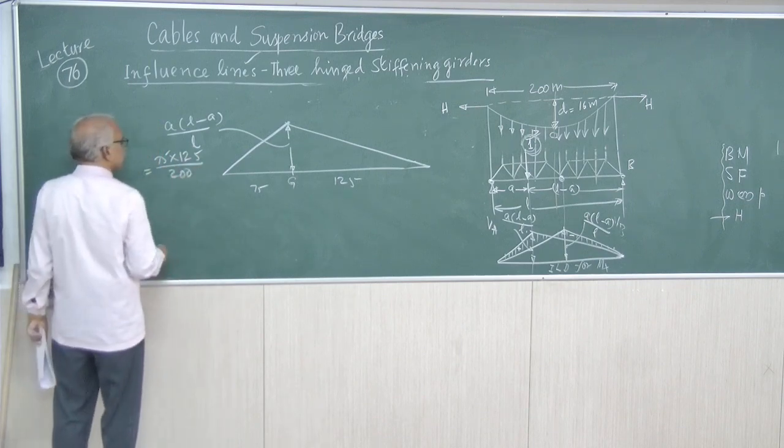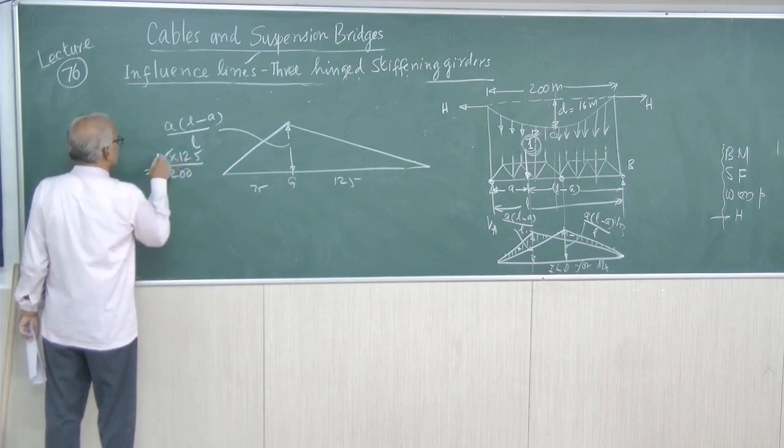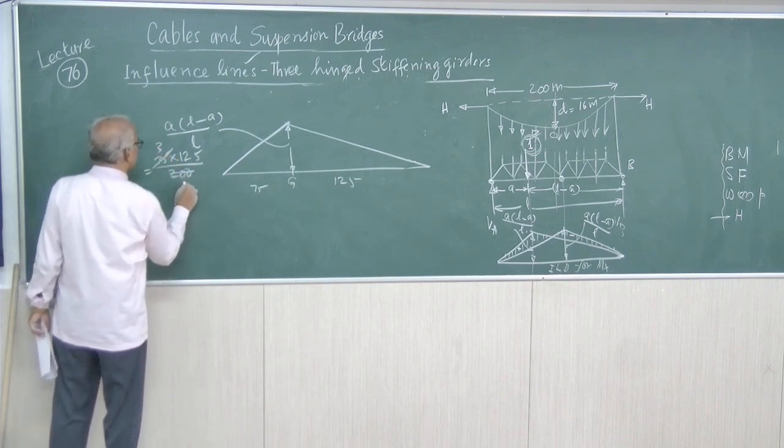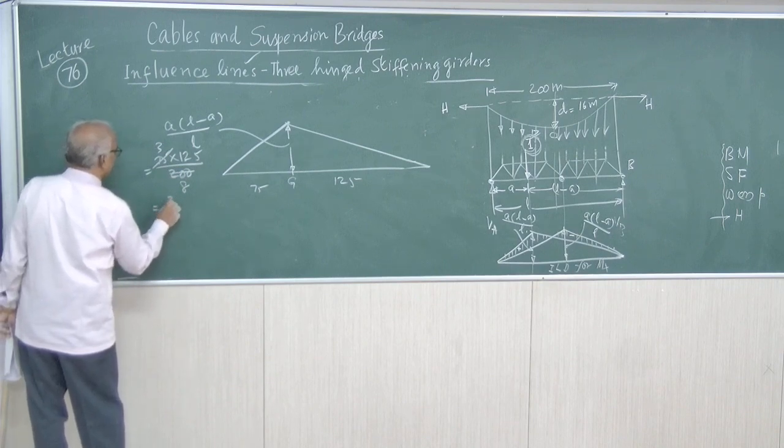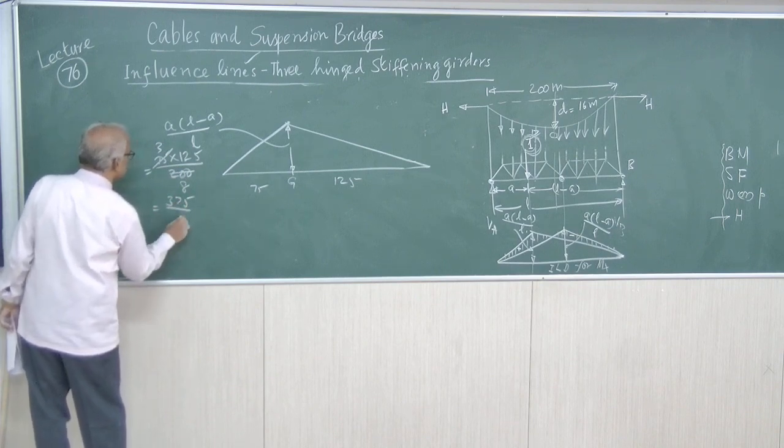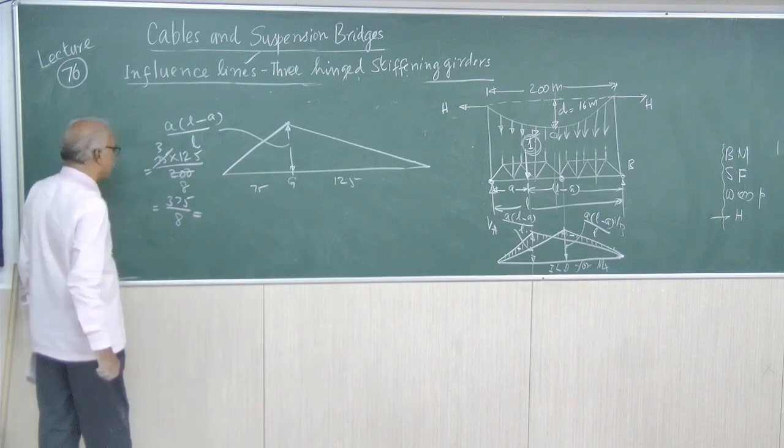So this we can simplify. This is 3, this is 8. So 375 by 8.